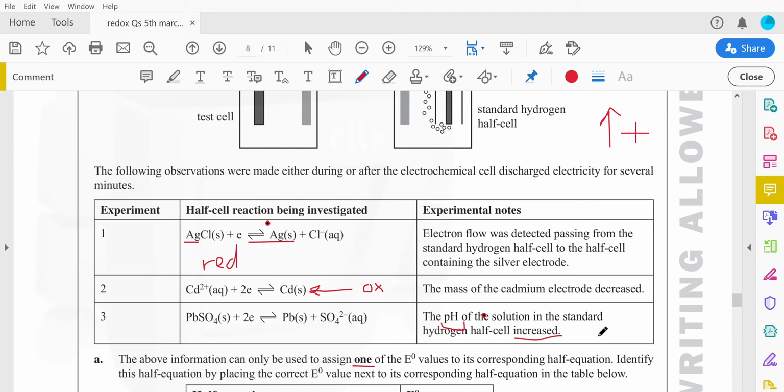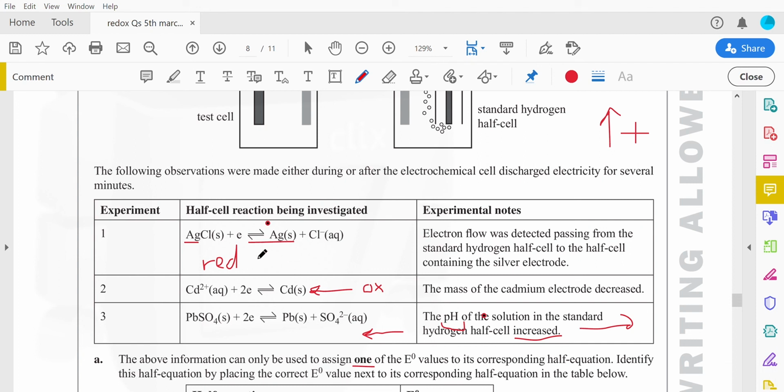Therefore, we know that the half cell reaction for the hydrogen half cell was not going in the forward direction, which would be reduction, which means this reaction was going in the reverse direction. It must have been undergoing oxidation. That suggests that, again, for oxidation to be happening, it must mean that this falls lower in the electrochemical series than our hydrogen half cell.